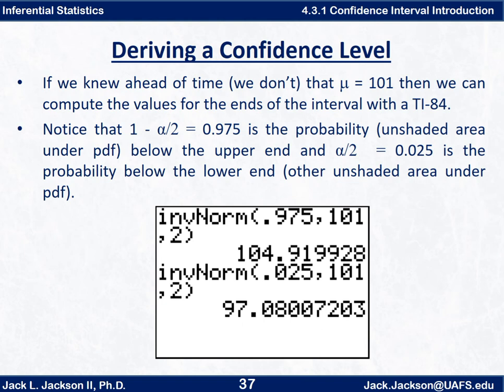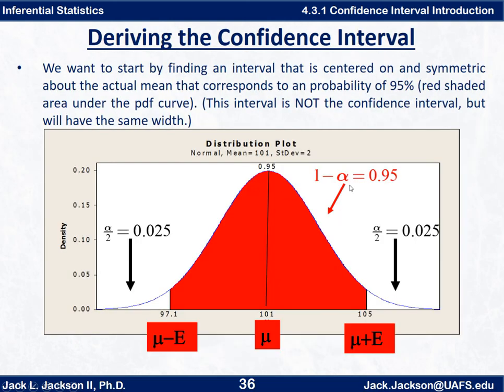And the alpha over 2, 0.025, is the probability of each of the unshaded areas. That's not stated exactly correctly on the slide. I'll fix that. But it should say this first one is the unshaded area. Let's go back. I'll show you what it is. So the 0.95 is the red area. This is 0.025, so it's 0.975 to the left of this point.